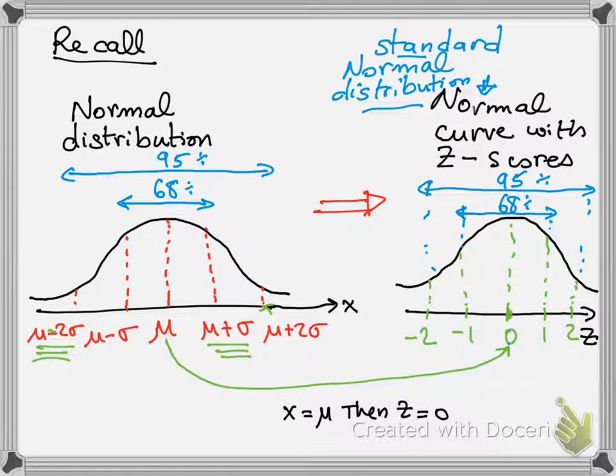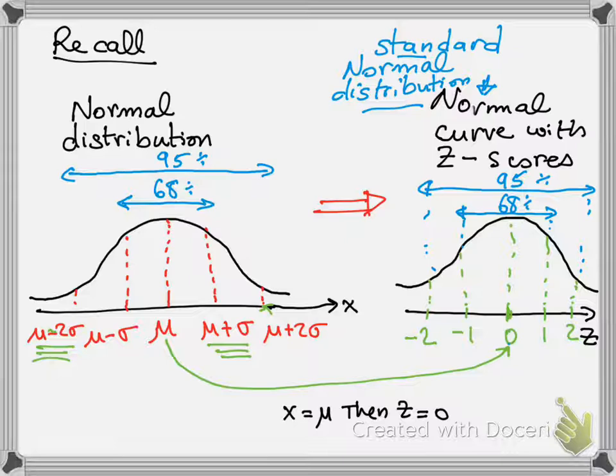Well, it's still not clear why this is useful. The thing is, this is useful because we can find the area under the curve for any number. We know the area from -1 to +1 is 68%, and from -2 to +2 is 95%.